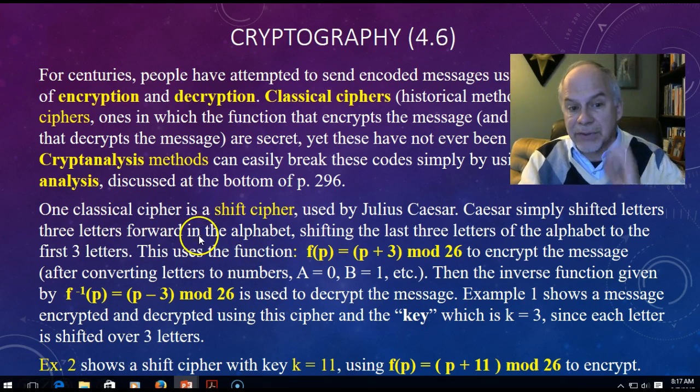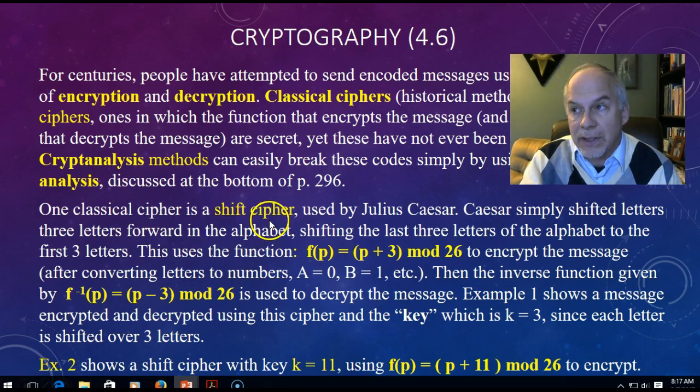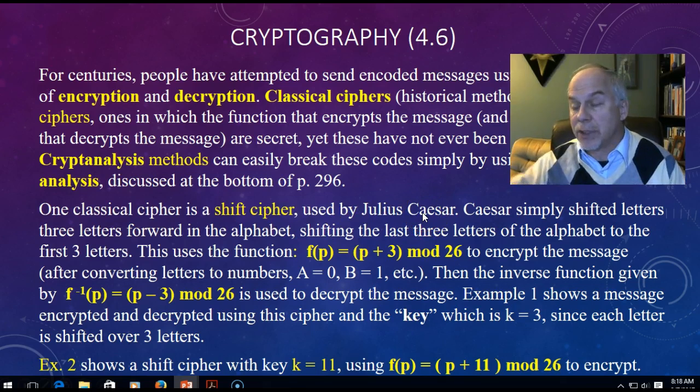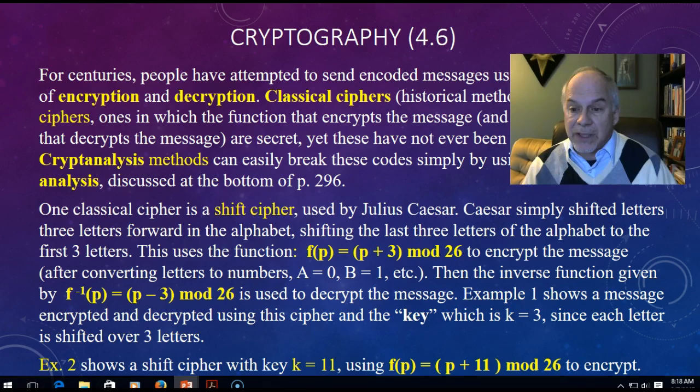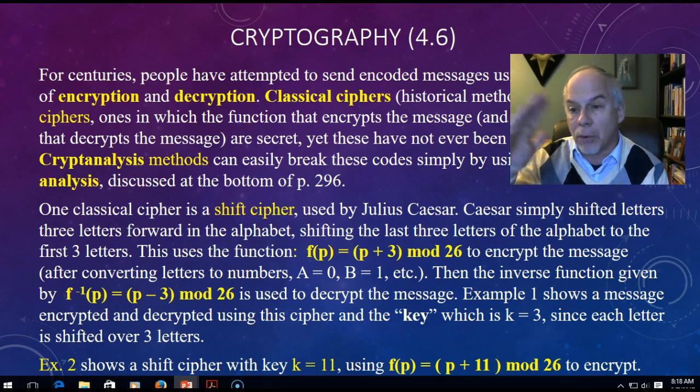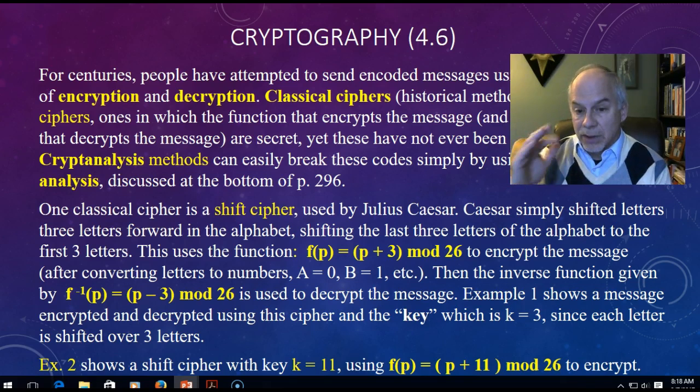Now, one classical cipher is called the shift cipher, and this was used by Julius Caesar. Caesar simply shifted letters 3 letters forward in the alphabet, shifting the last 3 letters of the alphabet to the first 3 letters.